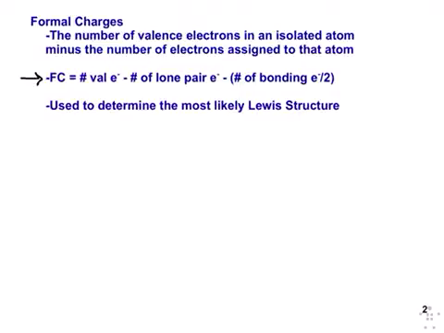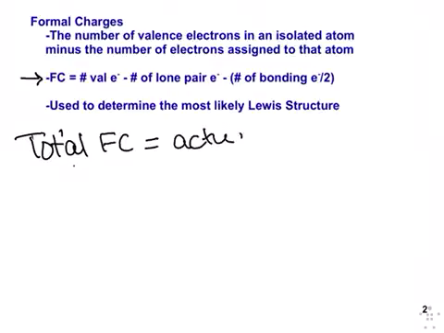And so there are a couple goals when you're looking at formal charges. First of all, the total formal charge for a compound must equal the actual charge of the compound.